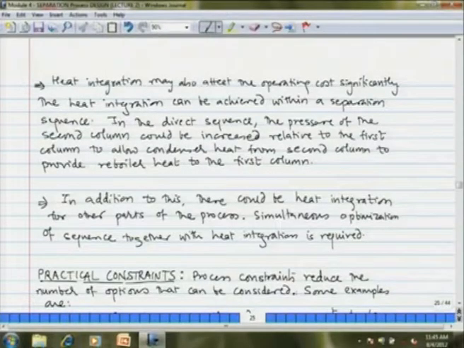Now, heat integration may also affect the operating cost significantly. Heat integration can be achieved within a separation sequence as well. Everywhere you are going to require 4 columns, so is it possible to couple these columns? For example, is it possible to increase the operating pressure of one column so that the condensing temperature of the vapor increases, and then condense these vapors in the reboiler of the second column, by reducing the pressure there, so that you create sufficient temperature difference in the reboiler?